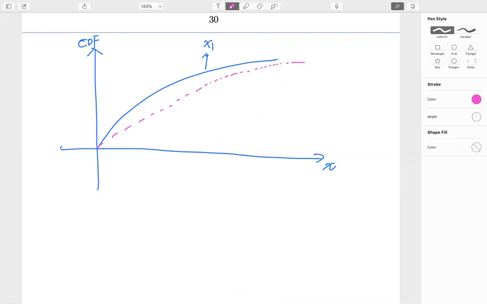Of course, eventually both graphs will converge to 1. So you can think somehow this point is 1, okay? Eventually when X gets bigger and bigger, both curves, both blue and pink curves, will converge to 1. Okay, so this is my X2.